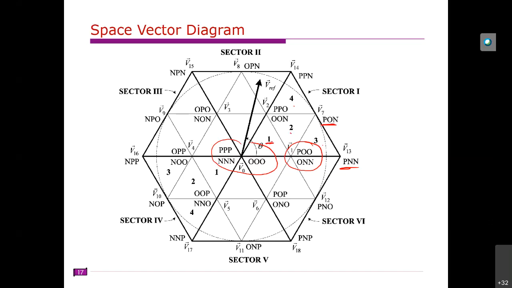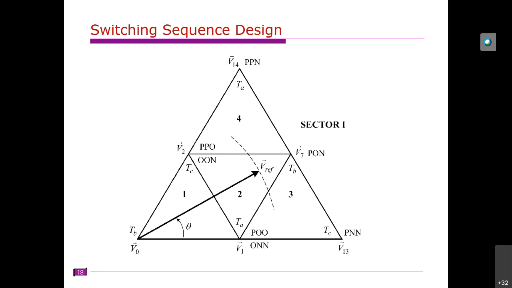It's clear. We also discussed the effect of different vectors, these medium vectors, large vectors, and small vectors, on neutral point voltage. So how they are actually influencing the neutral point voltage, that also we discussed in previous class, right?